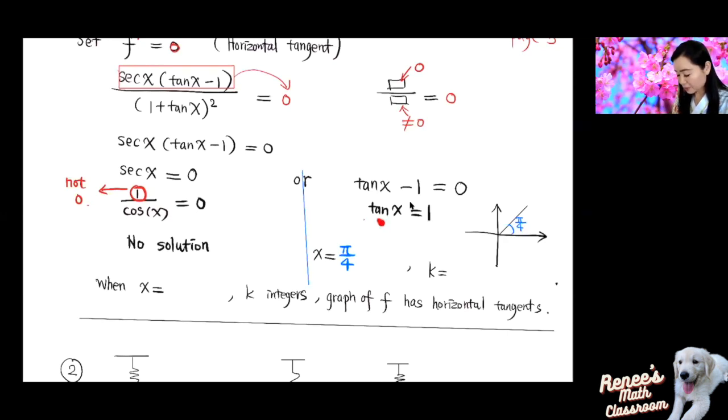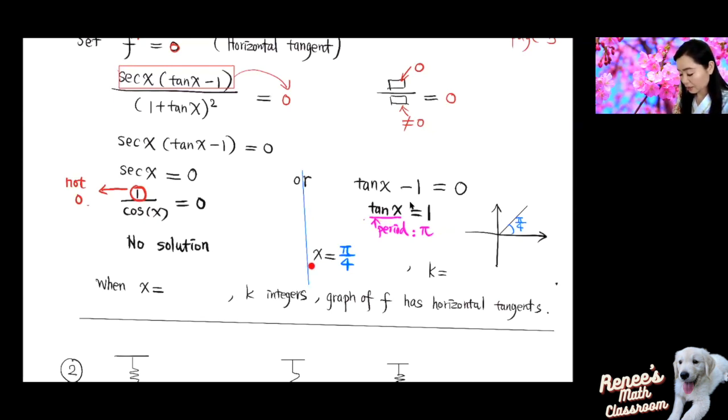However, what's the period for tangent? The period for tangent is equal to pi, right? So it's going to repeat every pi. So if you add any multiple of pi to this pi over 4, tangent of that will always equal 1.